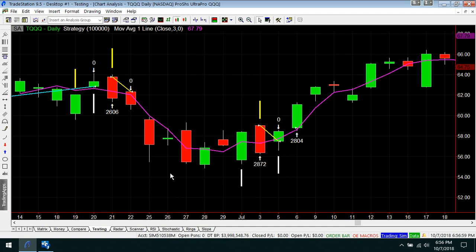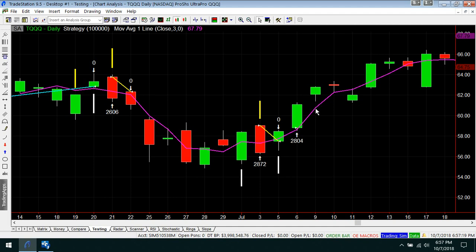And the way the slope works is that it looks at the chart. Each bar is one trading day. This is TQQQ on daily bars. And this purple line is the 3-bar moving average.